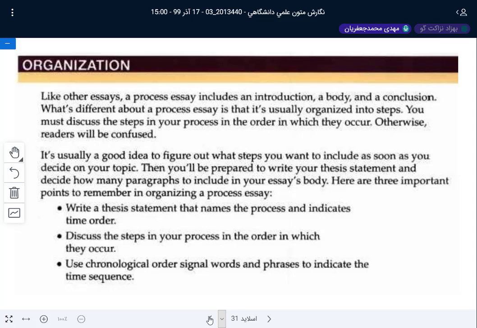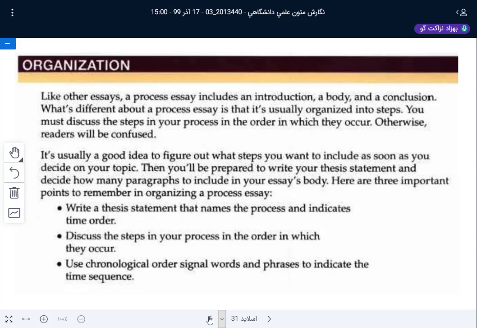Yes. Like other essays, a process essay includes an introduction, a body, and a conclusion. Like the example essay we had, I read the introduction paragraph, and the thesis statement was the last part of the introduction. Then we had the concluding paragraph.